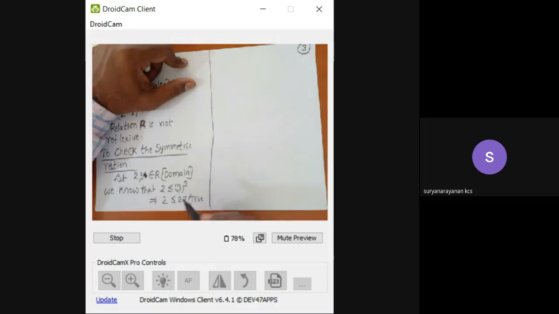Or we take -2 also. Let us take -2. -2 is less than or equal to 27. I have taken A is equal to -2, B is equal to 3. If you write them in the reverse order, what do you get here?